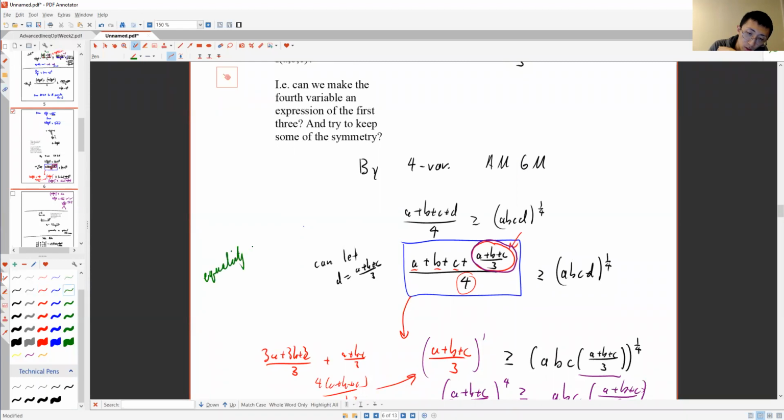Here we're using 4 variable AM-GM, and that equality case occurs when all 4 variables are equal. And we set the 4th variable to be the average of the first 3. Since we're proving the 3 variable case, if all 3 numbers are equal, then they're definitely equal to their average. So that's fine as well.